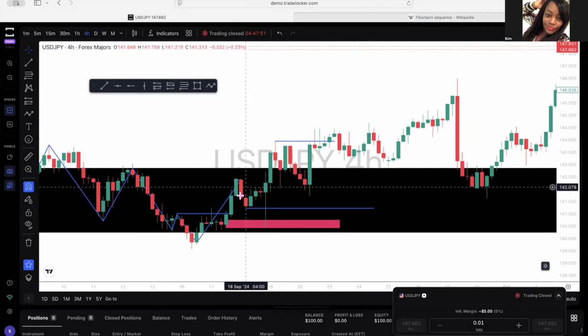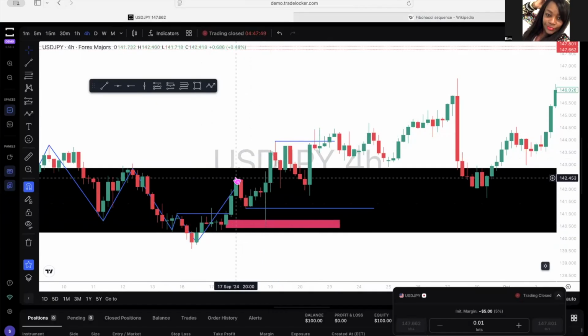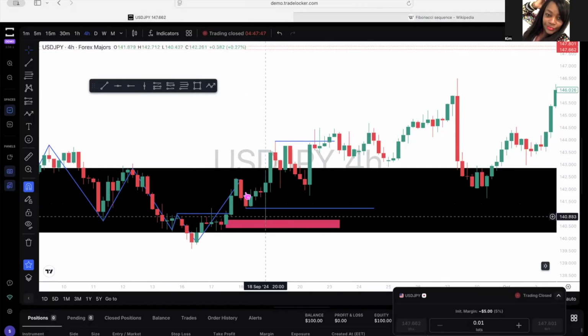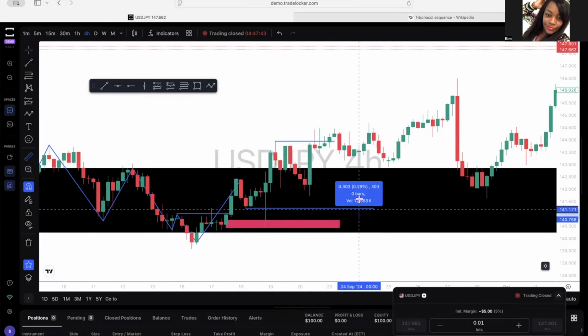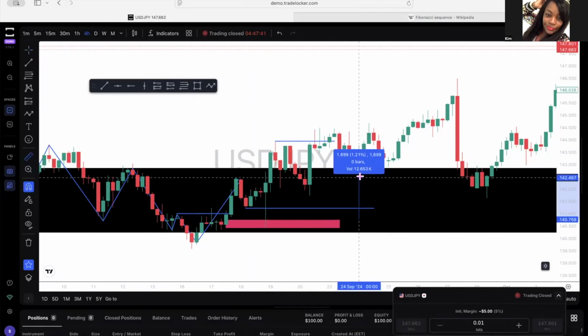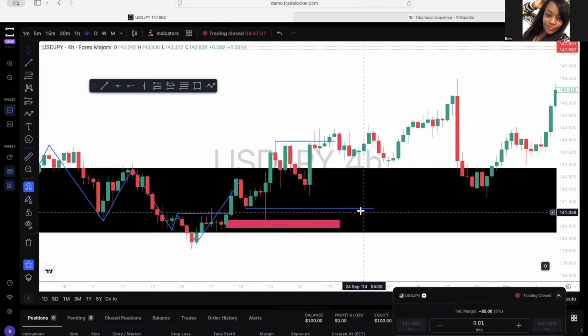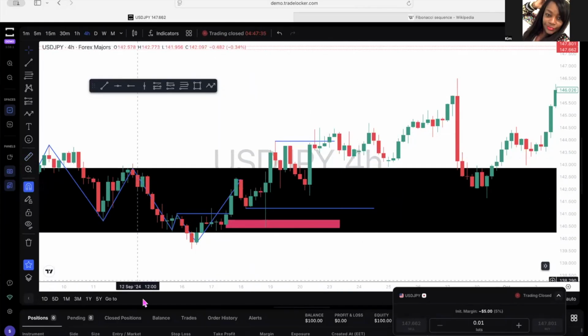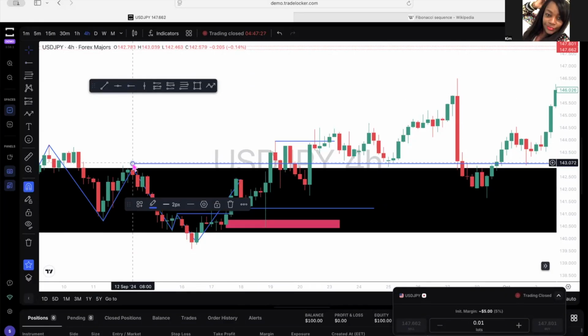And even if you brought it up to here, from here up to here, how many pips was that? To that high was 168 pips, right? Because it shifted structure, it's almost guaranteed that you can go to this next high.